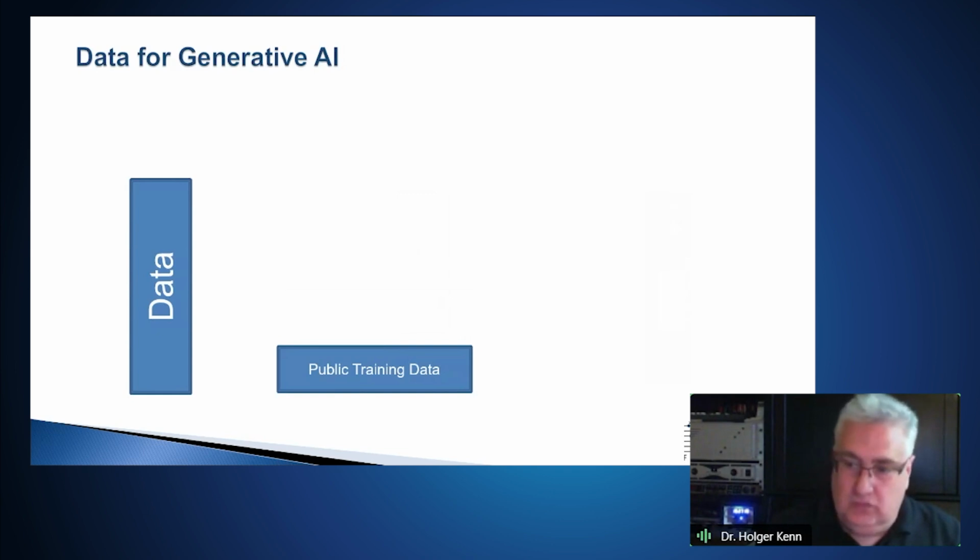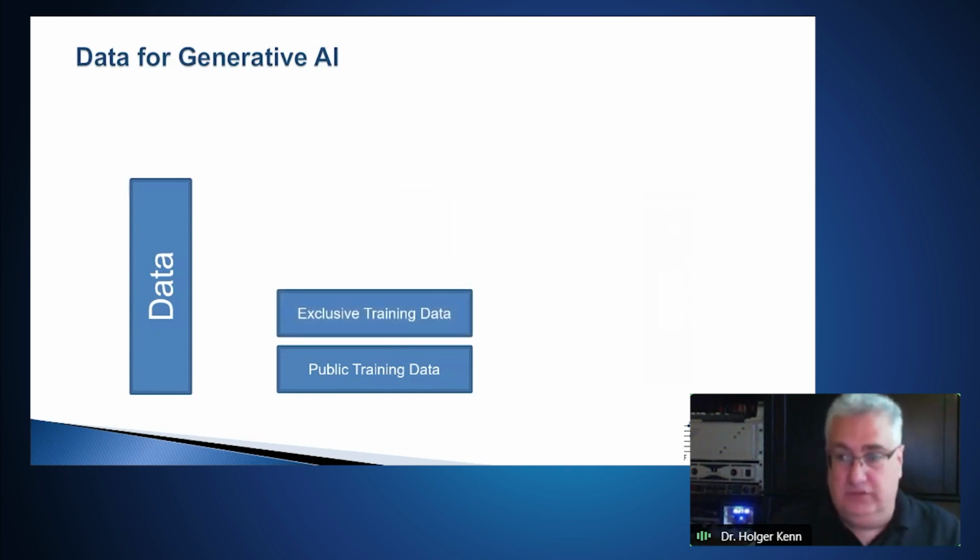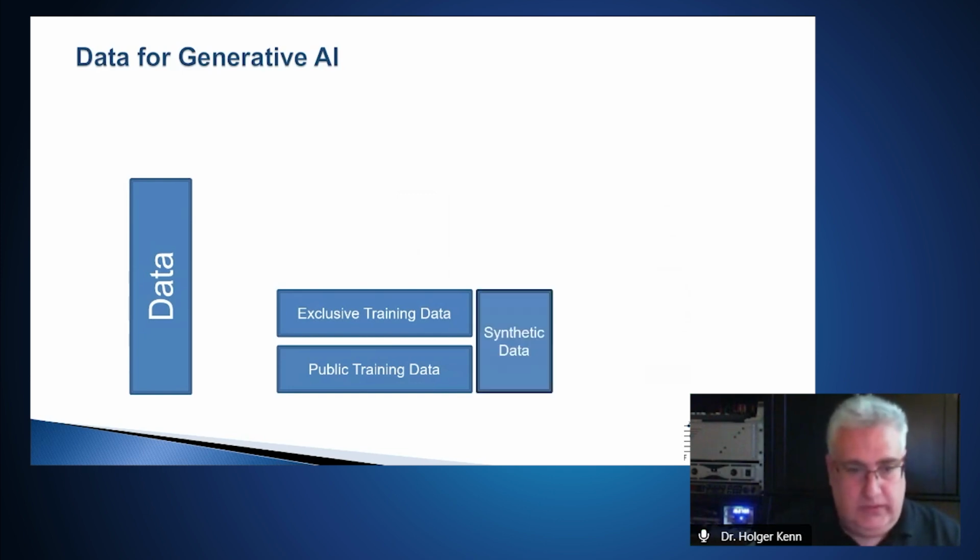But there's also a whole world of exclusive training data that is very specific to applications, that is very specific to specific domains, to also from a legal point of view, there are certain areas where data is not just widely available, but it's licensed and then it's used for specific purposes. And there's another world which we call synthetic data. So this is basically data that's specifically generated to build AI models.